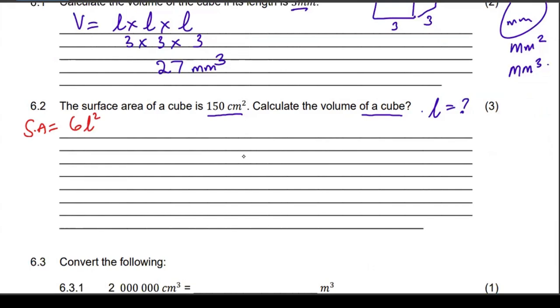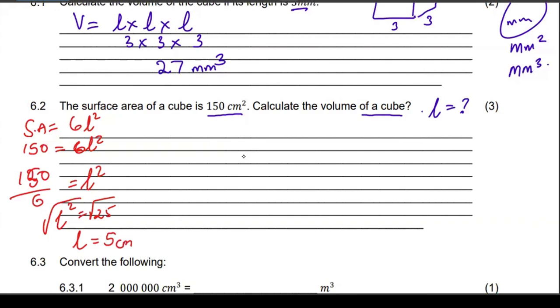Now, if I have 150 as my surface area is equal to 6L squared, let's divide both sides by 6. 150 divided by 6 gives me 25. And then I need to find the square root of 25. What does this mean? It means that my side is just 5 centimeters.